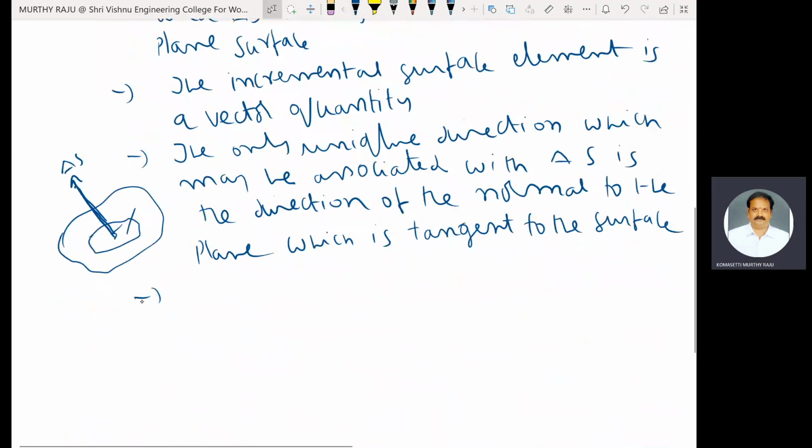Next important point is, the normal to the surface is in two directions, but only the outward direction is considered as required.